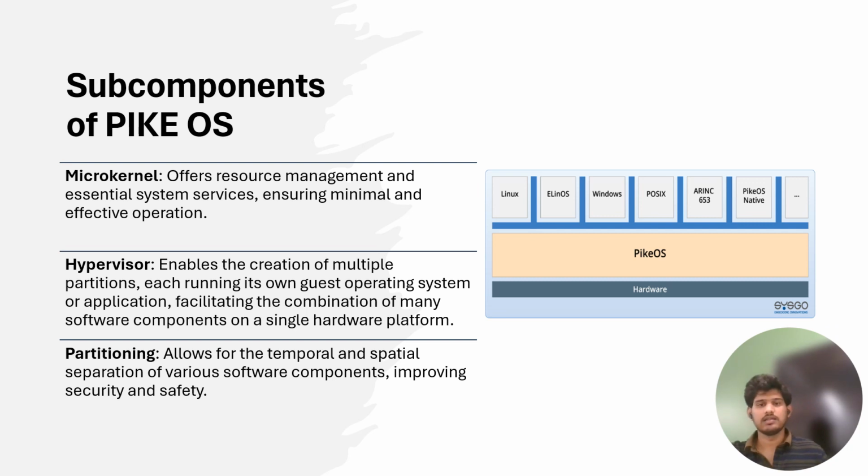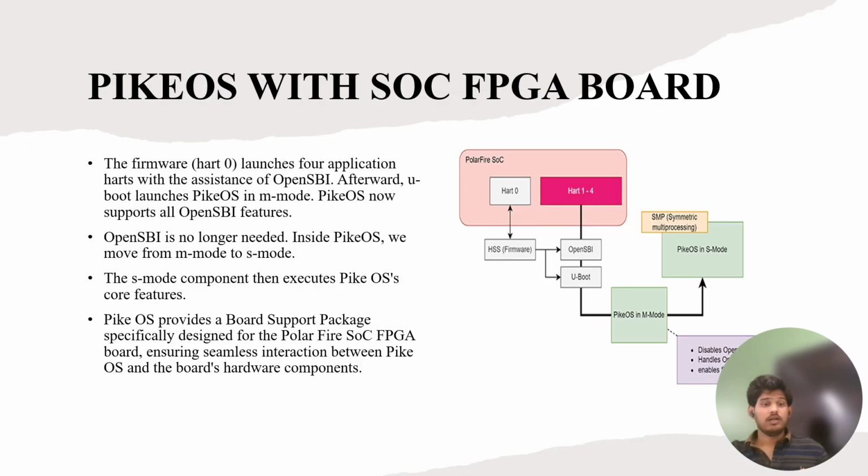See, Linux, Windows, and others, and PikeOS native. These are all multiple operating systems that can fit inside the PikeOS hardware. And also it will maintain security standards while running multiple operating systems.